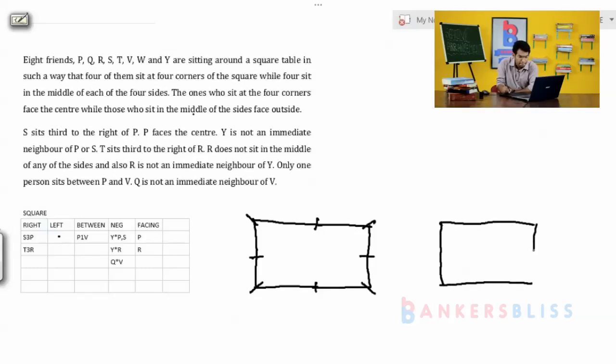Okay, square table, positions 1, 2, 3, 4 and 1, 2, 3 and 4. Those who sit in the corner side are facing the center. It means our left, our right.